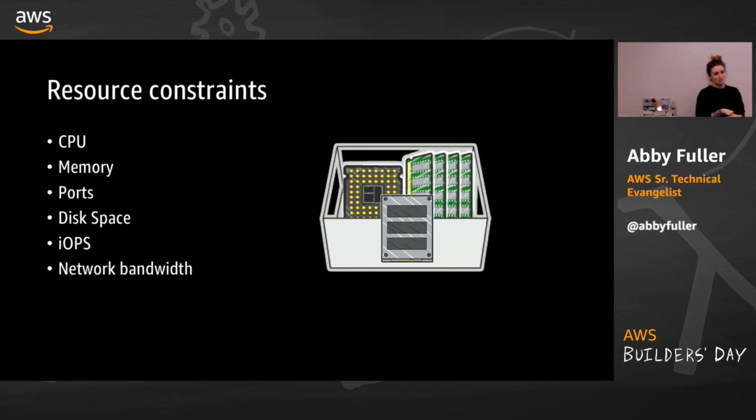Resource constraints. I said CPU and memory and ports. You obviously have a couple more, things like network bandwidth and IOPS and disk space. These are all resource constraints, meaning with some exceptions, you cannot get more of them without changing your instance type.